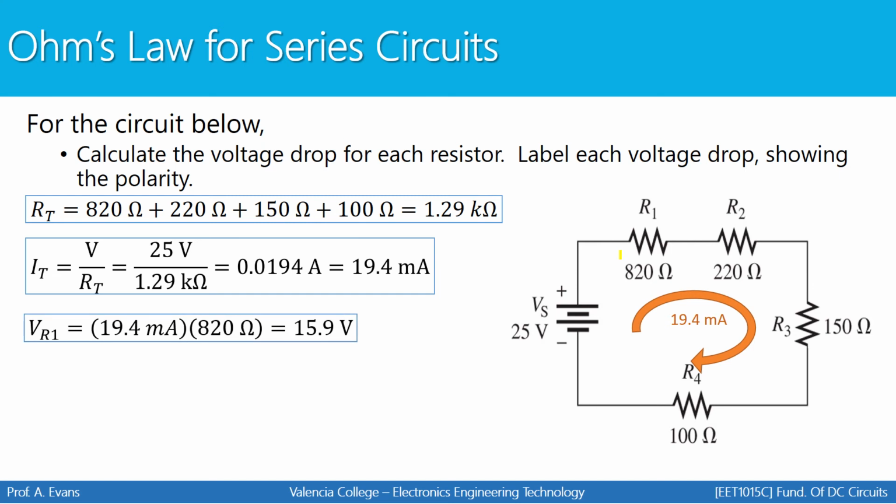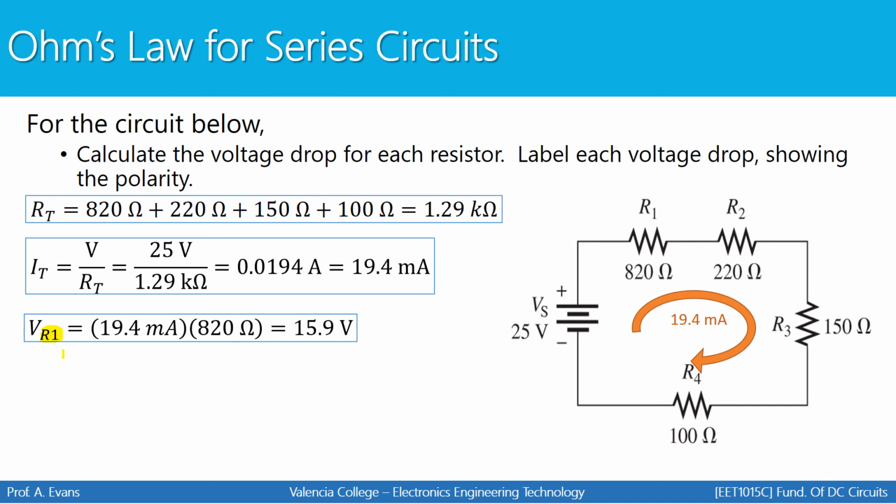So for example, the voltage for resistor 1, notice I have a subscript that says VR1, saying that this is the voltage for resistor 1, is going to be the total current, 19.4 milliamps, multiplied by the resistor value, which is 820 ohms. So the voltage drop across R1 comes out to be 15.9 volts.